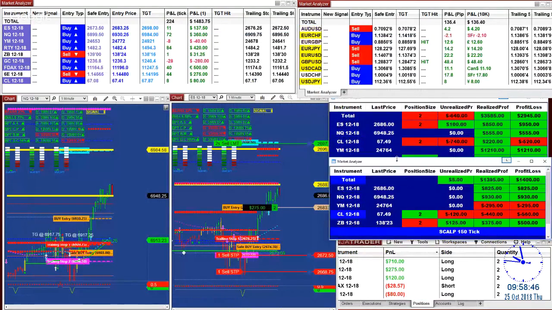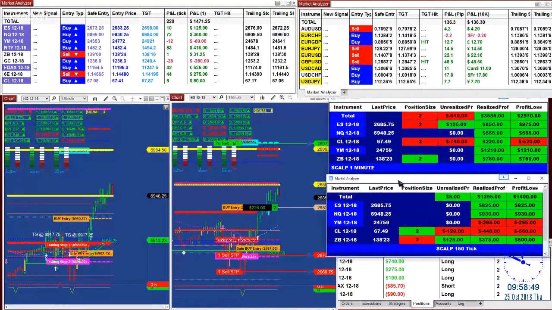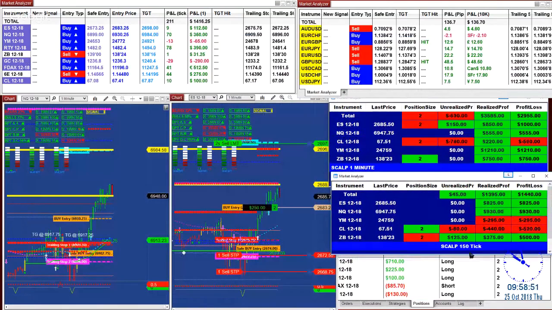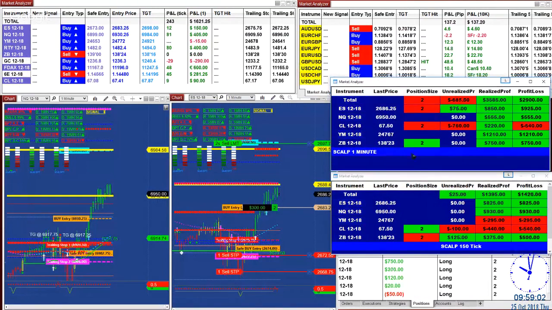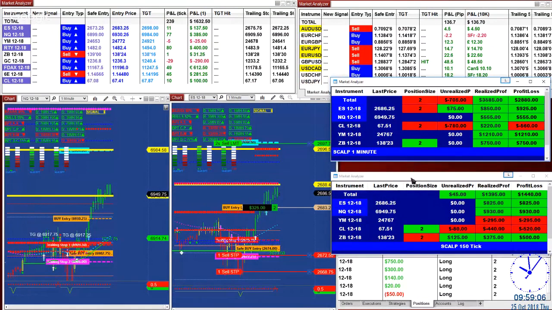Right here is the market analyzer for the scalpers, where today we are struggling a little bit. Those are the scalpers, the ones in the blue color. We use the same numbers every single day, 1 minute and 150 ticks.